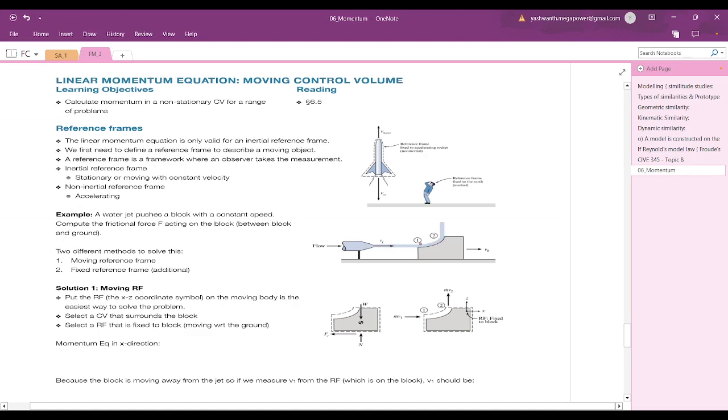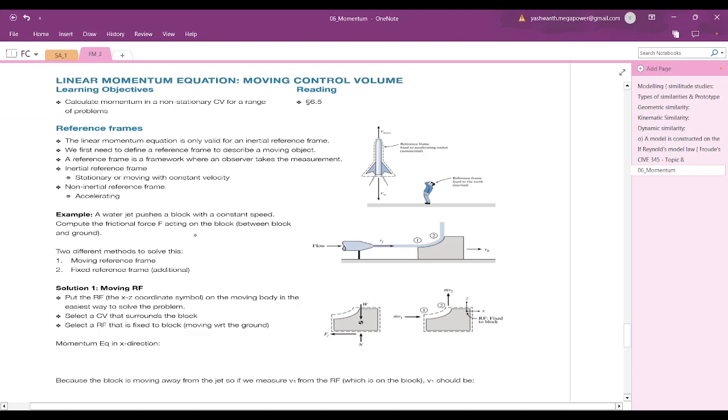But this water jet is trying to push the block. Therefore, the control volume is not constant or stationary. So what we need to do? We are asked to compute the frictional force F acting between the block and the ground, so that this block will remain stationary even though it is being acted upon by the jet force.